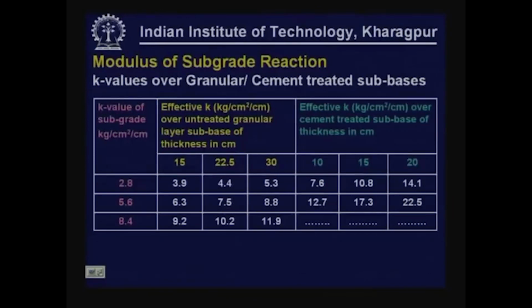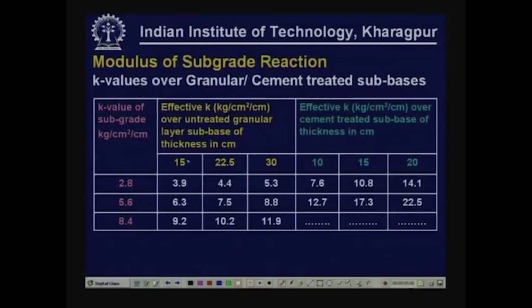That means, over the subgrade, if you place granular subbase of different thicknesses, say 15 centimeters. So, if a 15 centimeter thick untreated granular subbase layer is placed over a subgrade having a K value of 5.6 kg per centimeter square per centimeter, then the combined K value of both these layers will be 6.3.